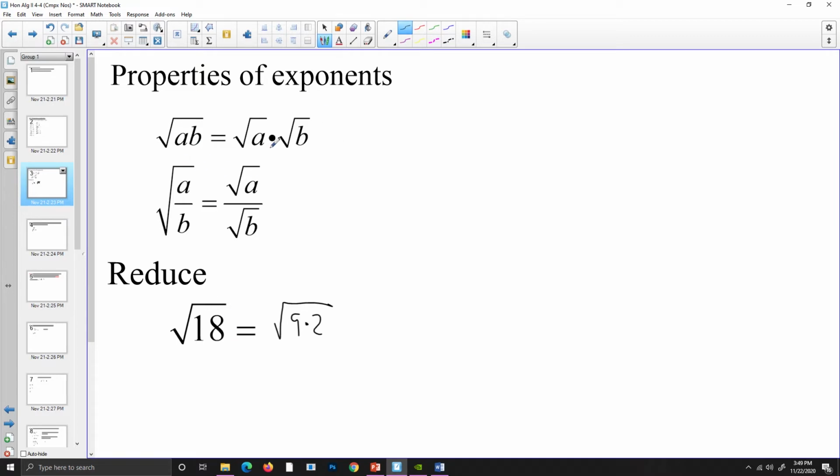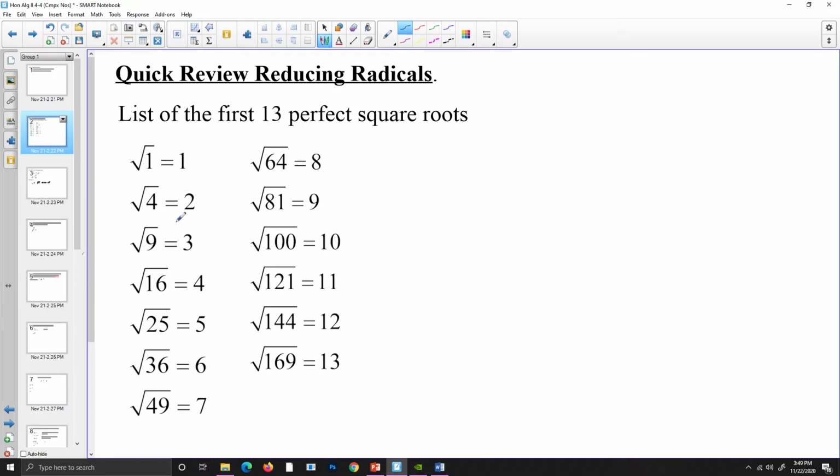This first property says that this is now the square root of 9 times the square root of 2, which I can rewrite as 3 square root of 2. Now I should check. I cannot reduce 2 because, again, 2 is not a perfect square. It is the result of the square root of 4, but it is not one of these values that are under the radicals.